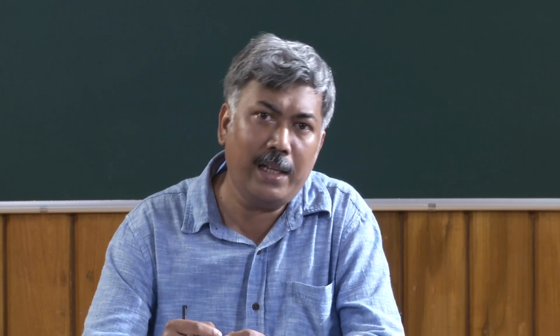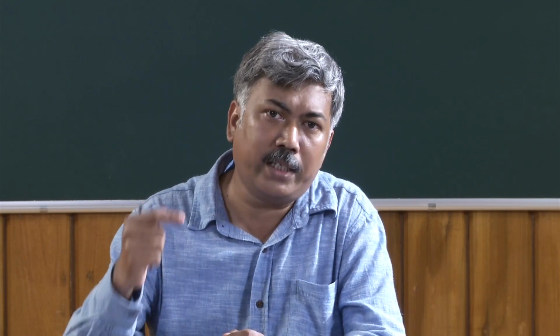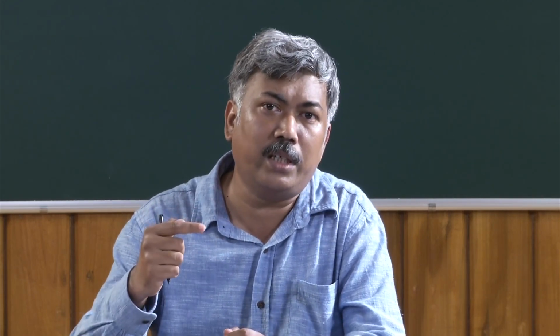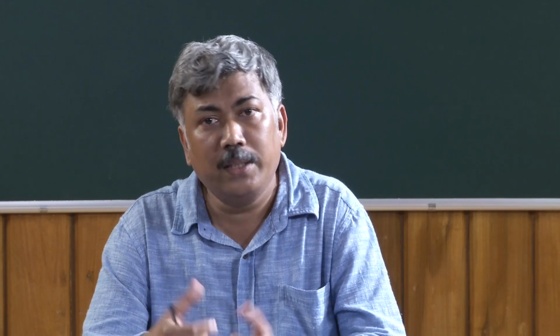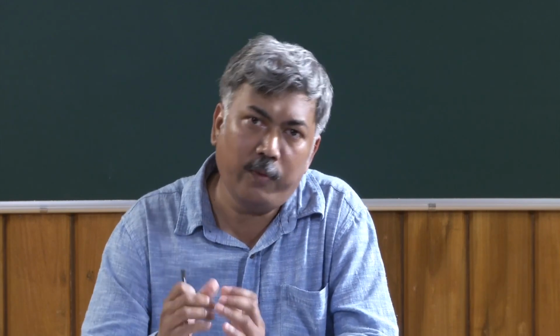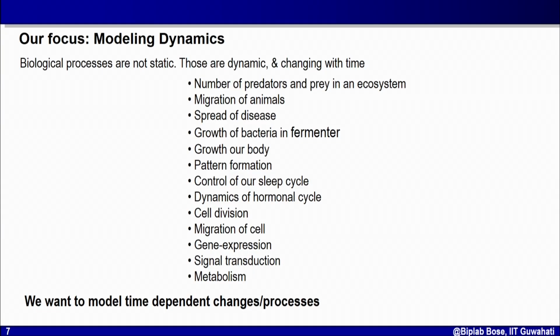If you look into the cellular level, protein production, transcription, gene regulation, gene expression and its regulation are all dynamic processes. They are changing with time. Talk about signal transduction, calcium signaling, signaling by the phosphorylase system. These are all dynamic processes. So most of the biological processes from the cellular molecular level to the population level are actually dynamical processes. And the focus of our course is how to model these dynamical processes.